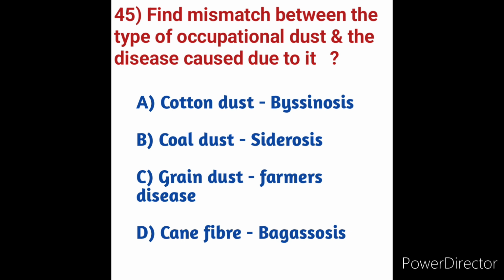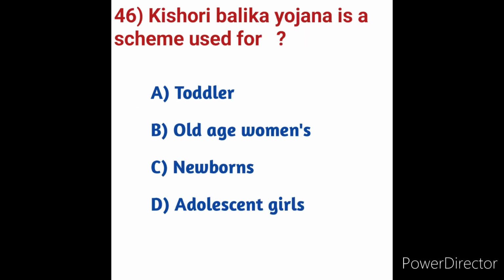So the mismatch between the type of occupational dust and the disease is coal dust and siderosis. The disease due to coal dust is coal workers' pneumoconiosis. So option B is the correct answer. Next we will move on to question number 46.